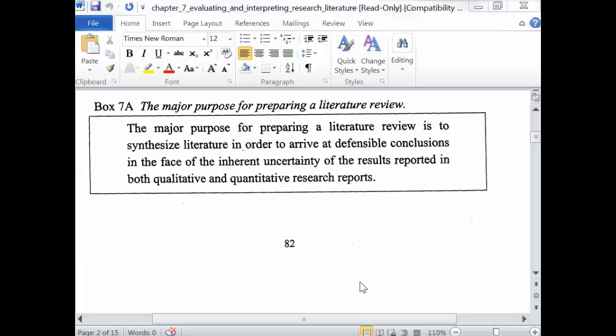And you'll see this quote here from Pan 2003, defining what a literature review's major purpose is. The importance of the literature review is really to come to those defensible conclusions about the literature that you've surveyed in support of the work that you're going to be doing.